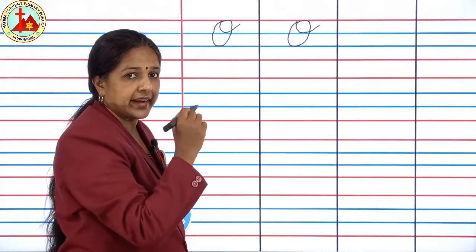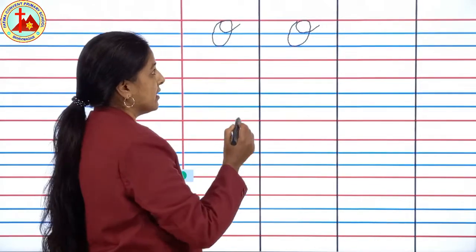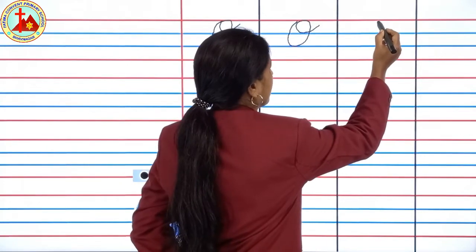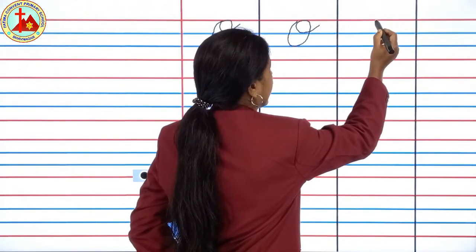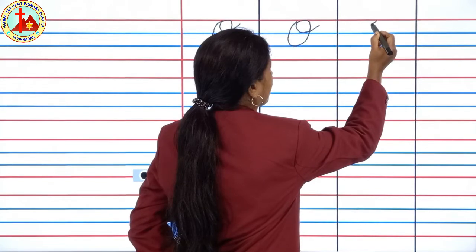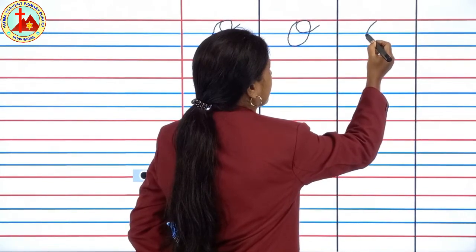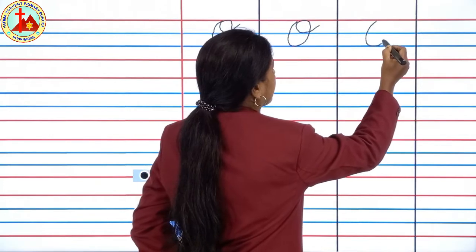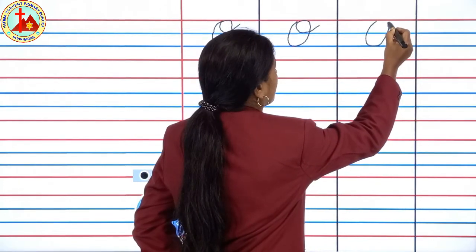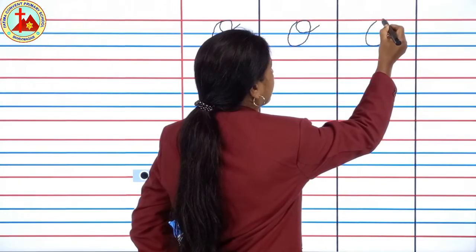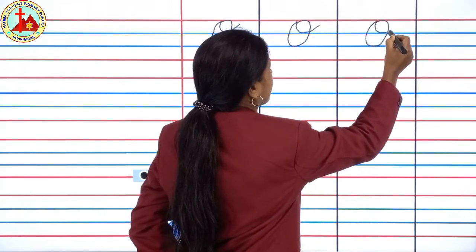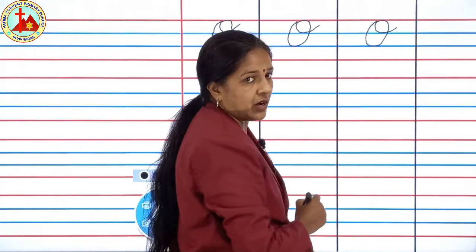Be careful, children, write slowly in your 4-line book and follow the method which Miss is writing. Starting from the red line, come down to the second blue line, go up to the red line, come down to the first blue line, slight turn out.